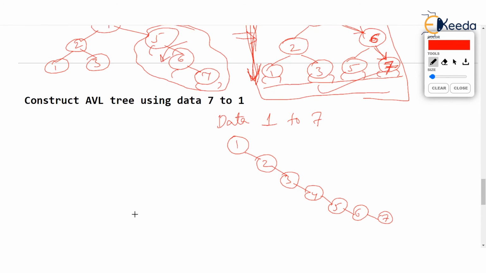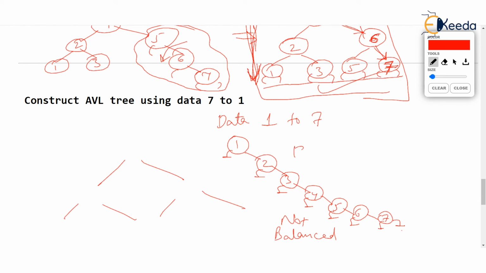All values are getting added to the right of every node, isn't it? And all the left pointers are null. Now you watch, this binary search tree looks like a linked list. I mean, where is the binary nature here? That means the 2 legs, left and right, are not balanced. If it is not balanced and only 1 leg gets stretched, then the searching becomes very slow.